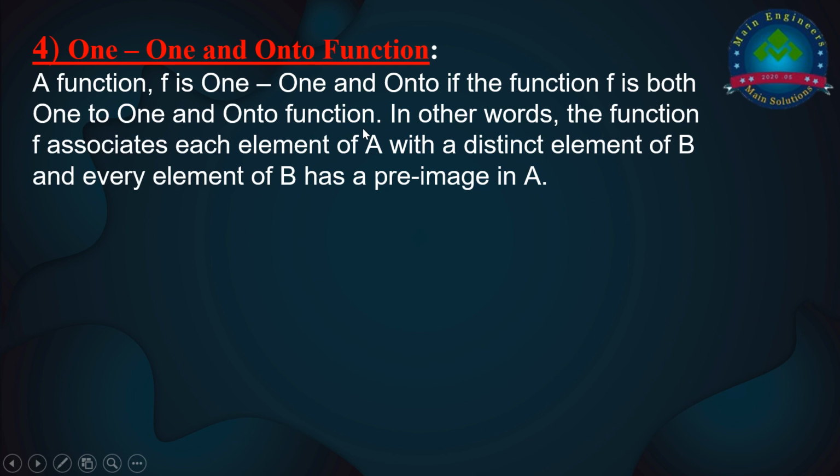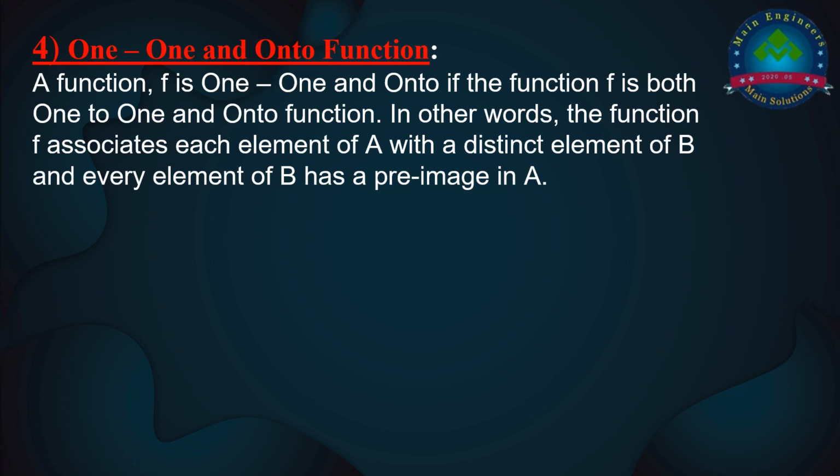In other words, the function f associates each element of A with a distinct element of B, that means one-to-one function, and every element of B has a pre-image in A, that means onto function.